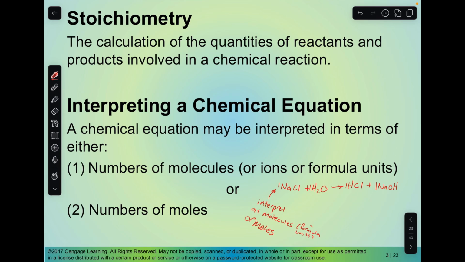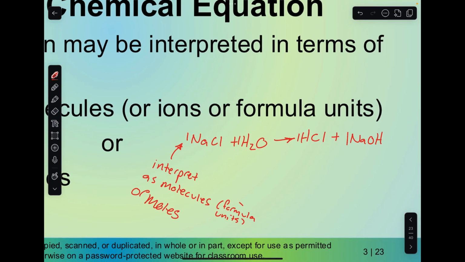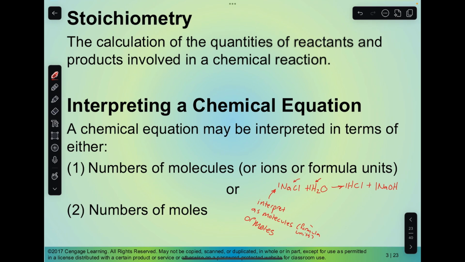And so this stoichiometry is when we are going to use the coefficients, these numbers in this equation, in order to convert one thing to another.